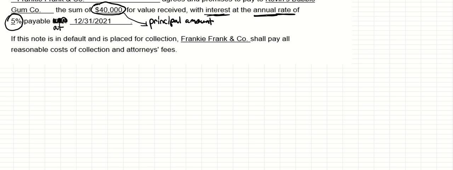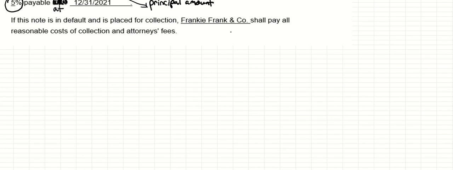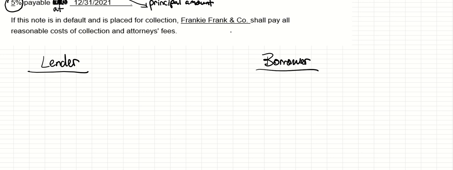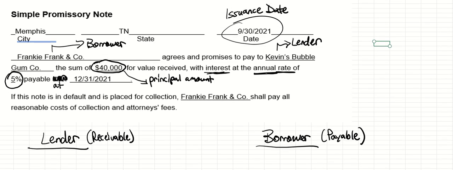I like to break this down by showing you what it looks like on the lender's books and also the borrower's books. So the lender, I'm going to put on here receivable. Borrower, I'm going to put over here payable. The first thing that needs to happen is the lender and the borrower need to record the issuance of this note of $40,000.